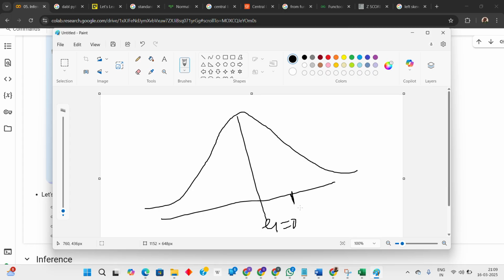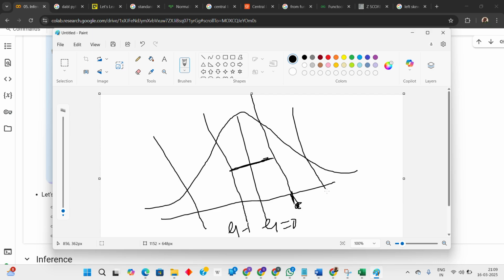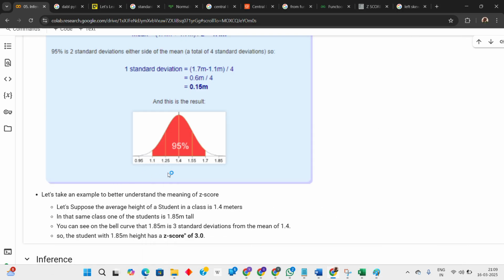Here the mean will be 0 and the standard deviation will be 1. So mu minus 1 to mu plus 1 covers about 68 percent of the data. We are doing this to standardize all the values to a constant unit. If we make the mean 0 and the standard deviation 1, that is the standard normal distribution.